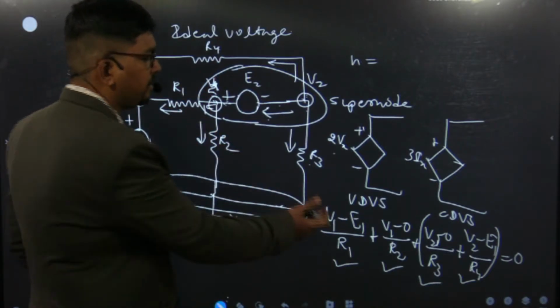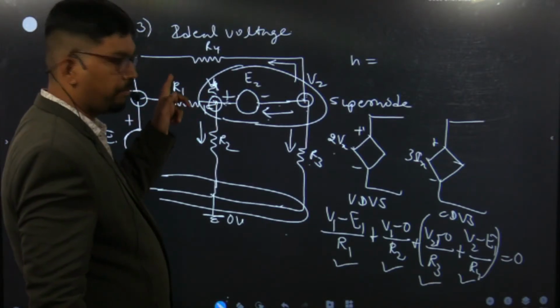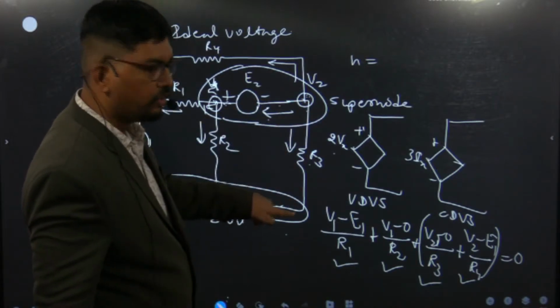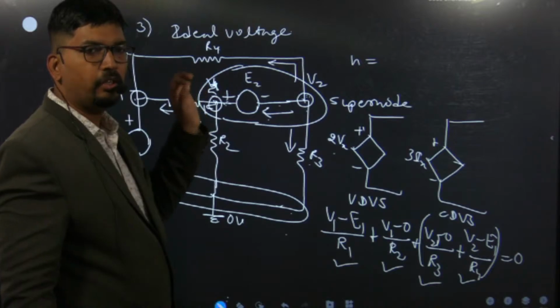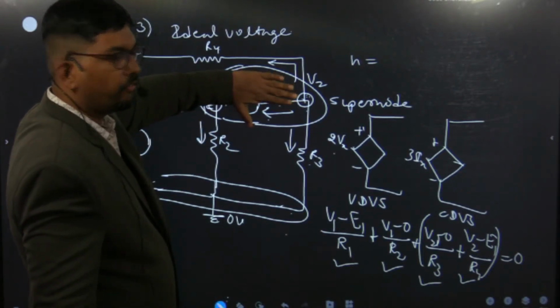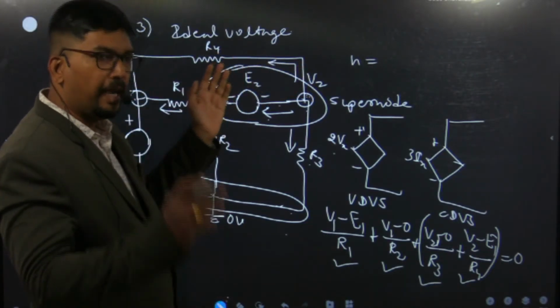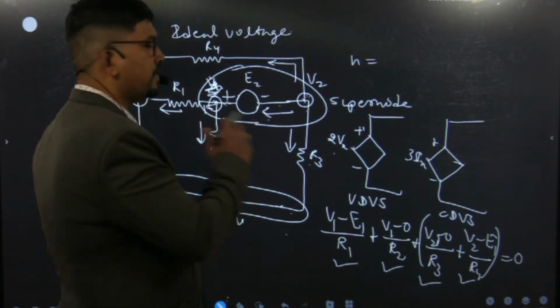Then we will get this total current. So the current is V1 minus E1 upon R1, V1 minus 0 upon R2, plus V2 minus 0 upon R3, plus V2 minus E1 upon R4. This is the shortcut way. You have to forget this E2, find the current at the V1 and V2 nodes, and add them as per their directions.